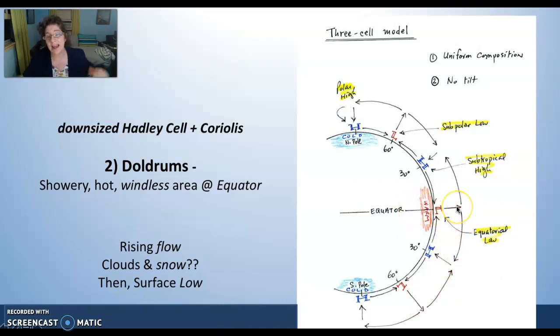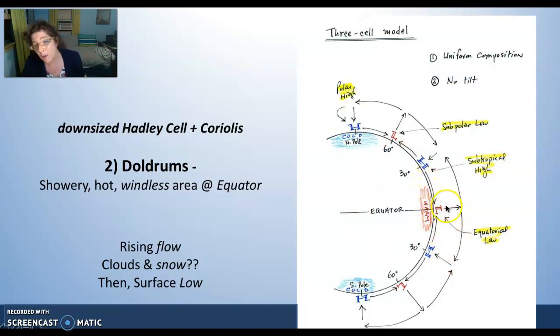Because this area here that is rising slow, clouds and snow, surface low, that is a windless area. The reason it's a windless area is because there's no horizontal movement of air in that area. There's no real difference between high and low pressures. You have low pressures from the southern hemisphere of the equator.